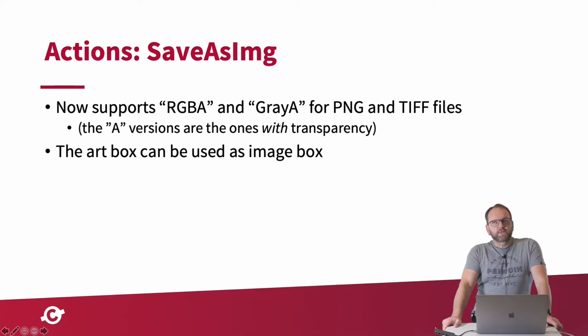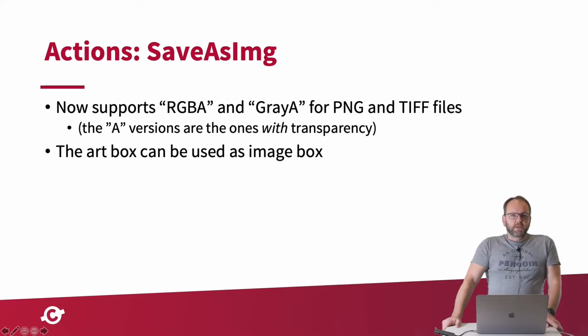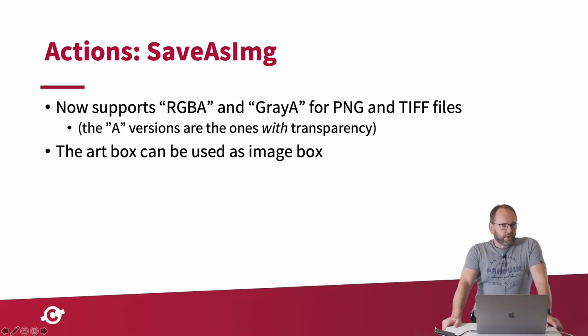So a few things have changed, mostly in the action configurator. For example, in Save as Image, as you can see there, you now have access to some new formats, color versions or color formats, whatever you want to call it. RGBA and Gray A, both for PNG and for TIFF files. What is RGBA? And you can also see that in the desktop.